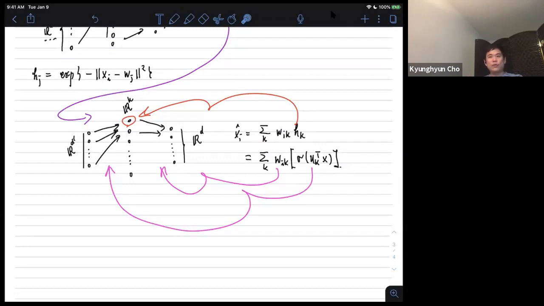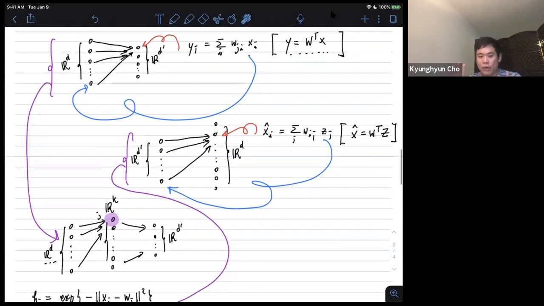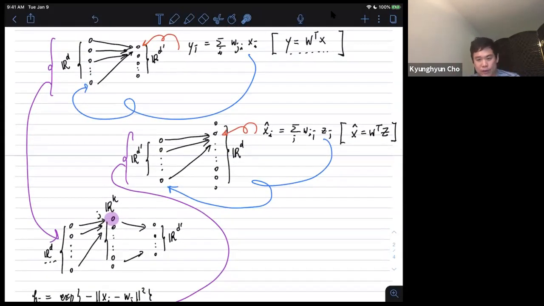And then what this is telling us is that the representation, or the code vectors we could get from PCA or non-negative matrix factorization, must be a linear transformation of the input, or vice versa, because our loss function for matrix factorization implies that each input vector could be reconstructed as the linear combination of the code vectors.